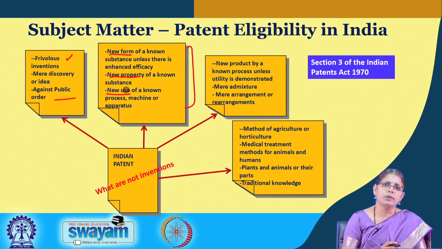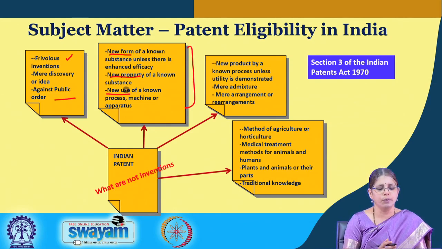Another reading of section 3D is the new property of a known substance. So, in India, new properties of known substances will not be patentable. For instance, you can look at a particular compound which is having some, let us say, temperature tolerance property. An alternate property in terms of conductivity would not be patentable, because it would be a new property of a known substance.